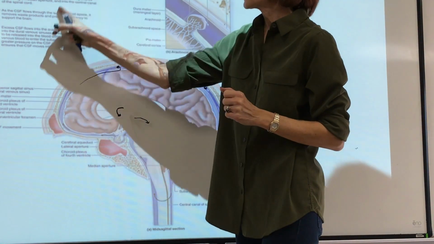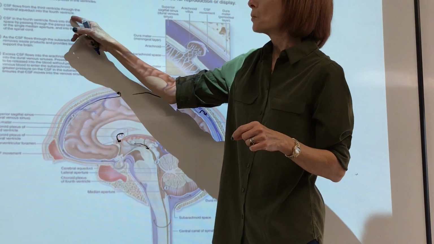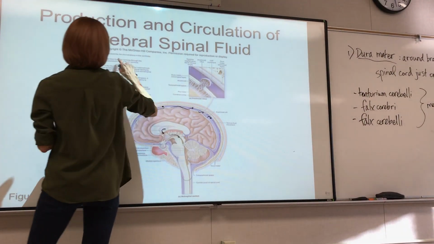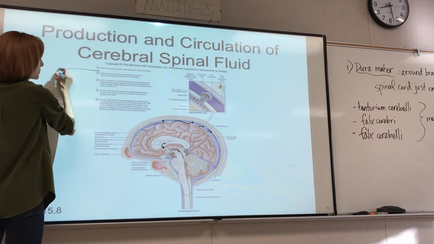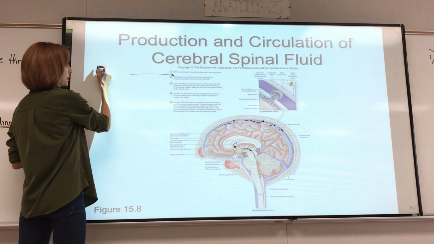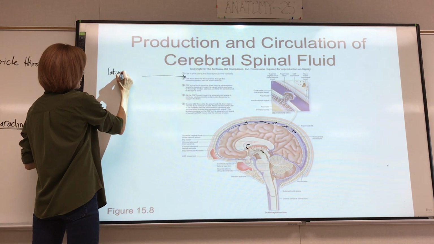Okay, and all of that is written out for you here. For some reason, I don't know why, they started in the third ventricle. And really this should start in the lateral. So I would say you want to add something right in here. Okay, so you want to say, I would just put in lateral ventricles.